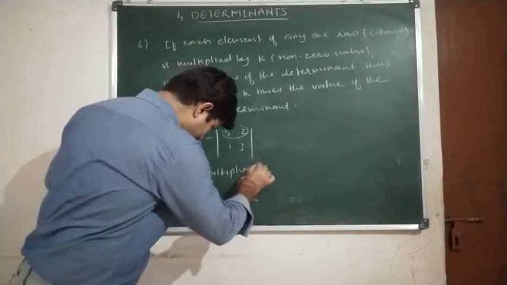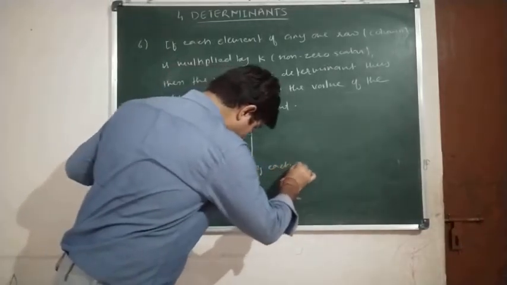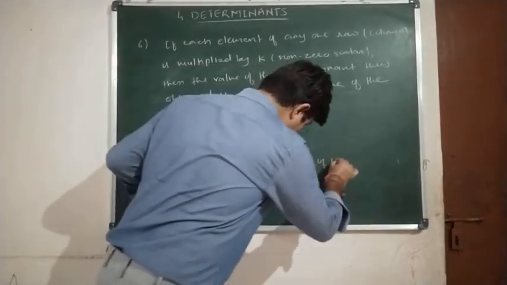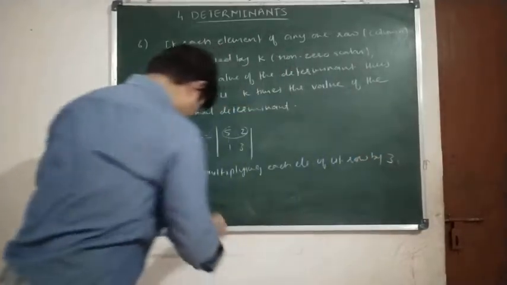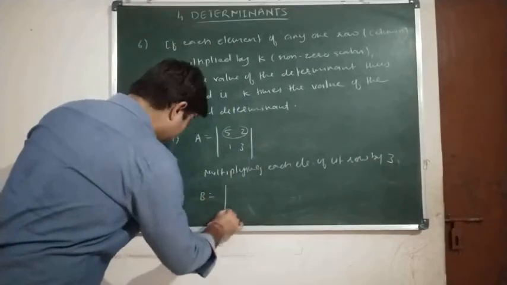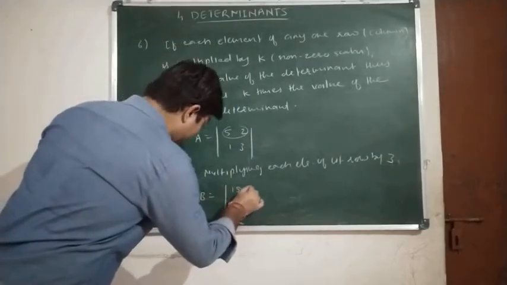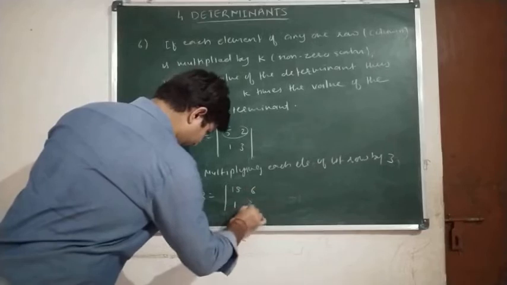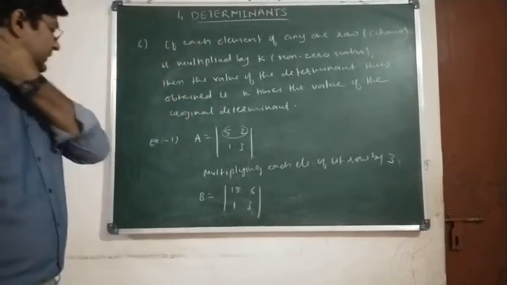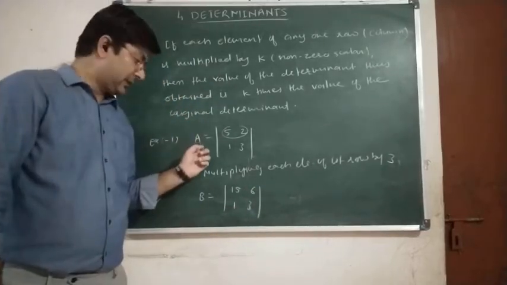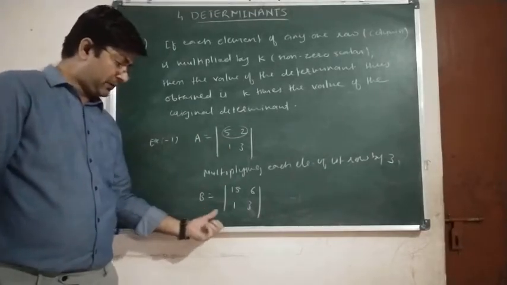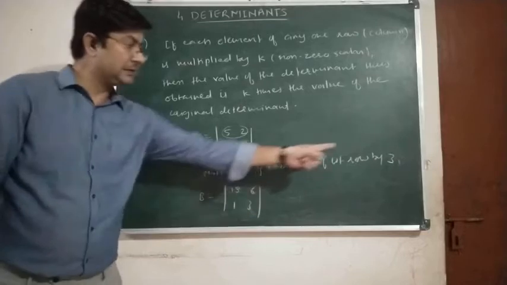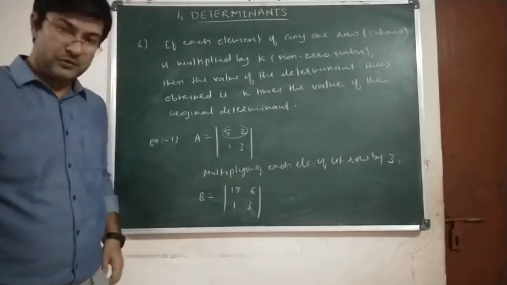Multiplying each element of the first row by 3, we get another determinant: 3 times 5 is 15, 3 times 2 is 6, then 1 and 3. Now since the first row of determinant A is multiplied by 3, the new determinant obtained, determinant B, will be 3 times the value of the original determinant.